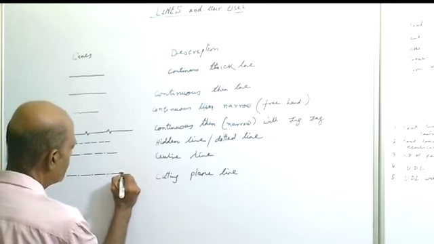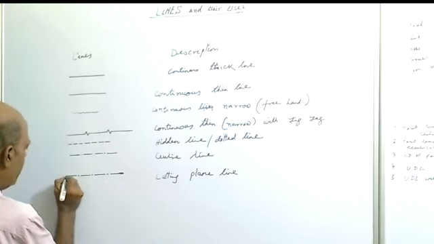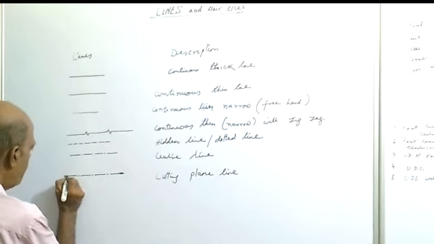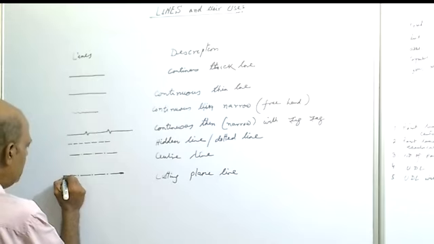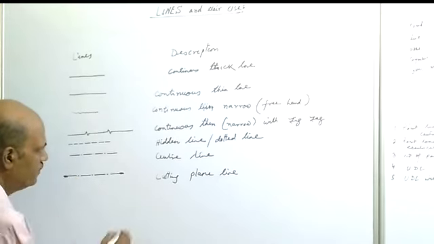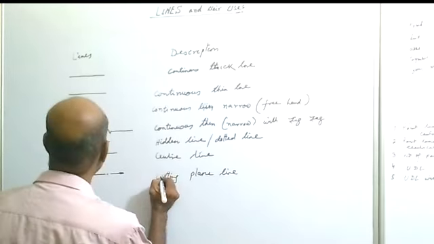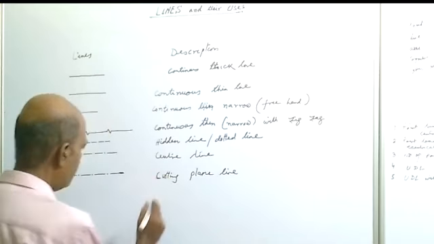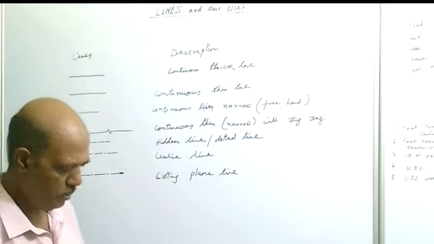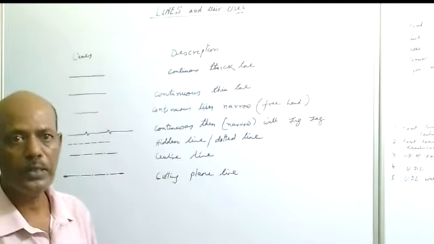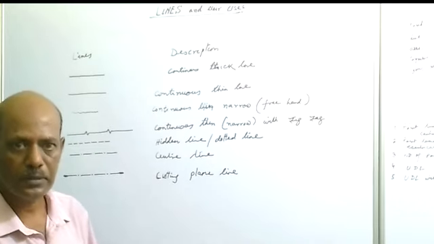So the thickness of the line at the end will be more. So it is the cutting plane line. These are the various lines which are used for drawing the component on a drawing sheet.